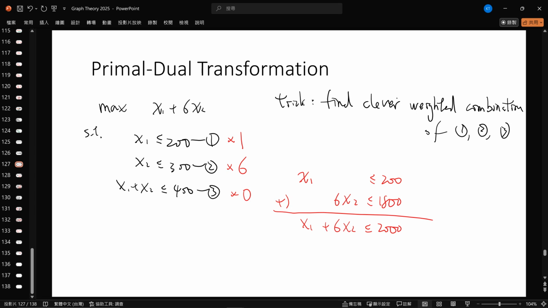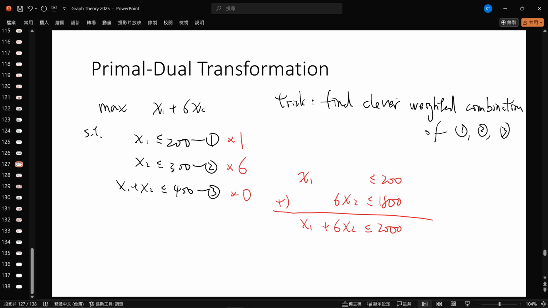In this slide, we combine these three constraints using these corresponding weights. We multiply the first constraint by 1, the second constraint by 6, and compute the sum. The sum is x1 plus 6x2 is at most 2,000, so this gives an upper bound of 2,000.